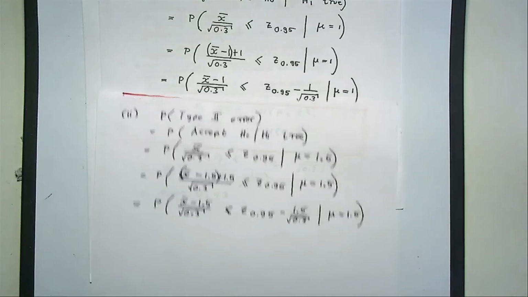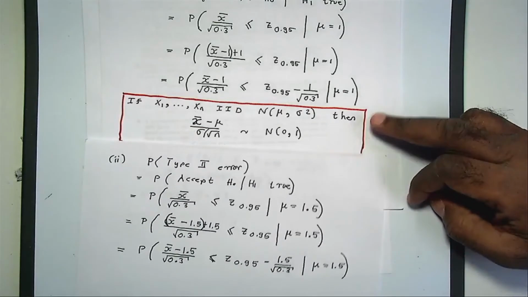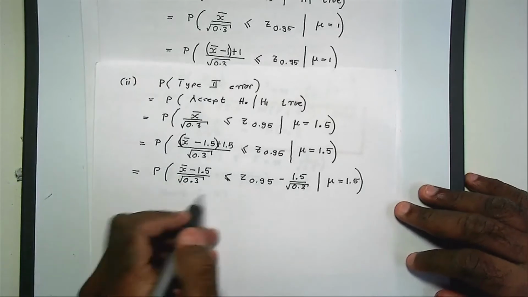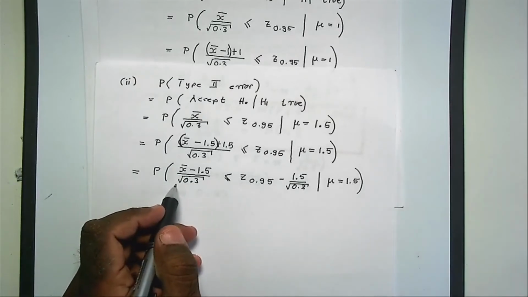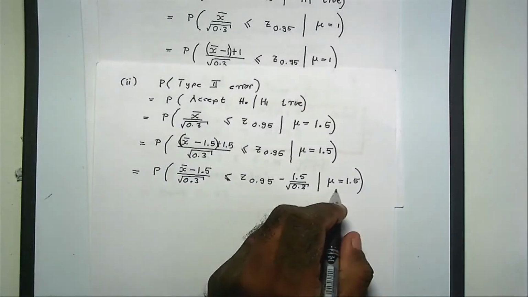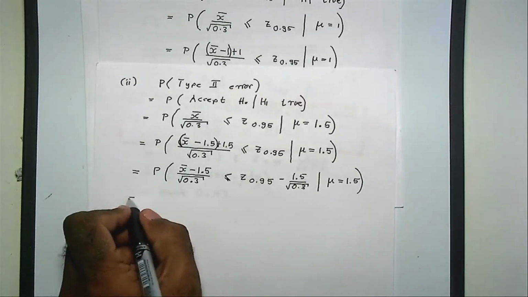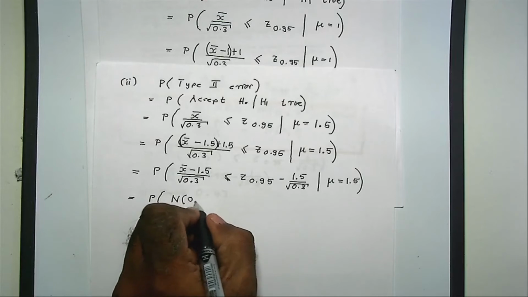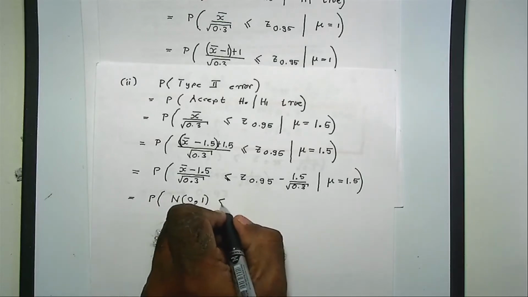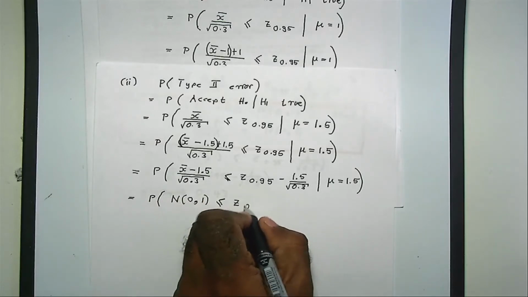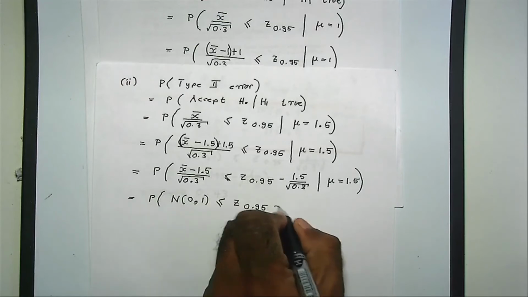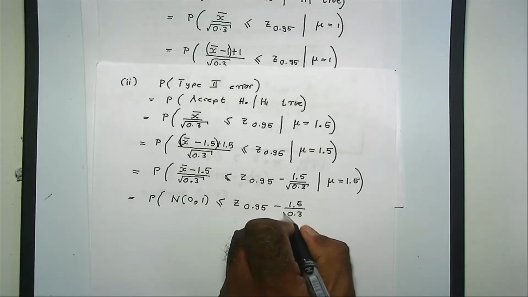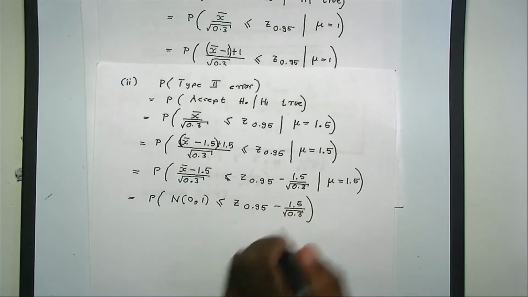Right. Now using the same property that I mentioned earlier, right? This guy here must have a standard normal distribution, conditioning on this fact. So what you have here is the probability that right.